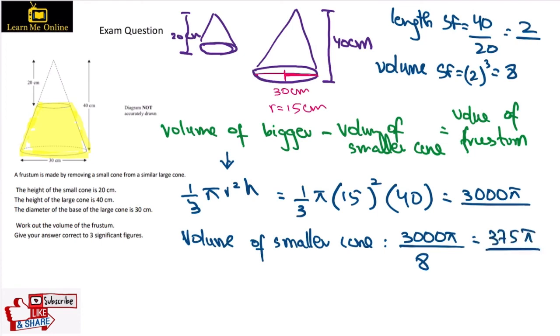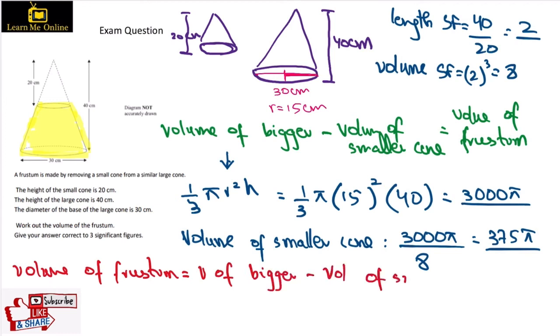Now the last part is to find out the volume of the frustum. I'm going to write down the volume of the frustum would be the volume of the bigger minus the smaller. We know the volume of the bigger is 3000 pi and the volume of the smaller is 375 pi.